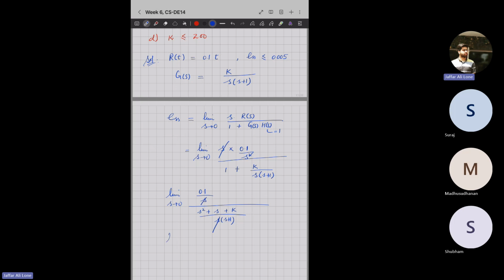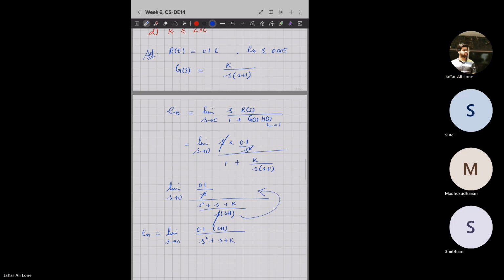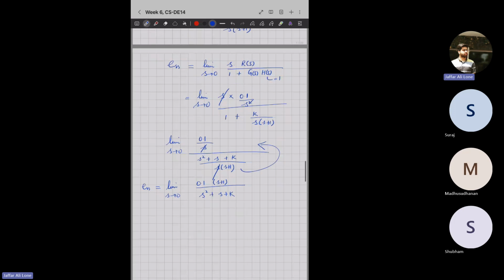The steady state error is given by limit s tends to 0 of 0.1 into s plus 1, I just flip it, divided by s square plus s plus K. Now let's put in the limit. So this will be 0.1 divided by K. This is my steady state error.